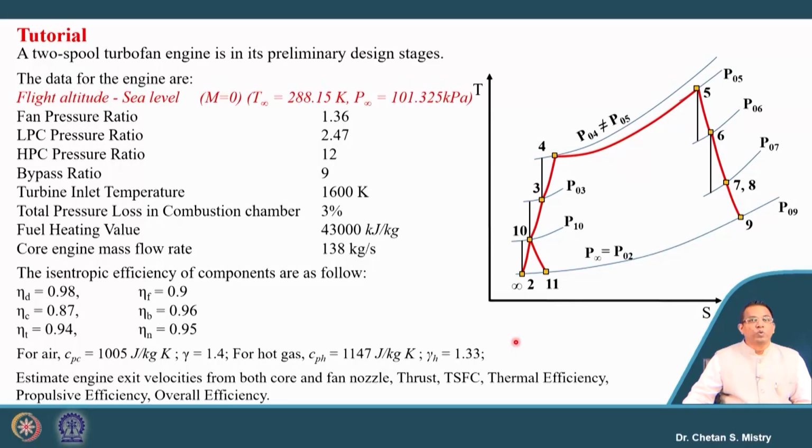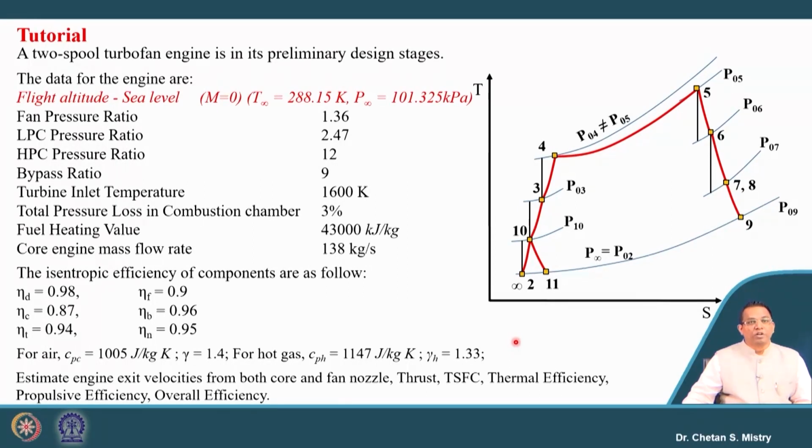Fan pressure ratio is 1.36, LP compressor pressure ratio is 2.47, HP compressor pressure ratio is 12, bypass ratio is 9, turbine entry temperature, or turbine inlet temperature, is 1600 Kelvin.